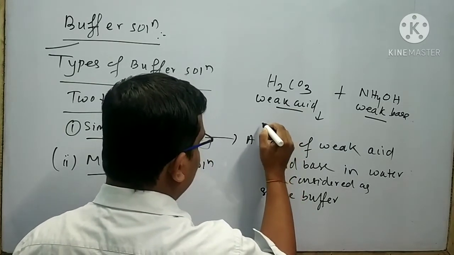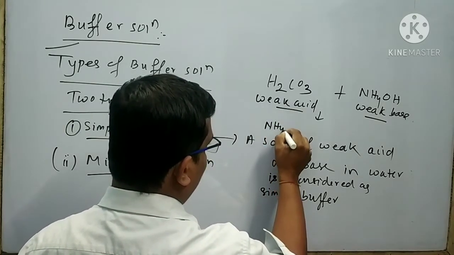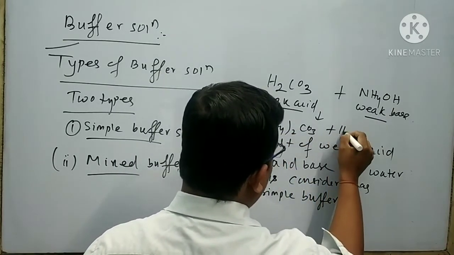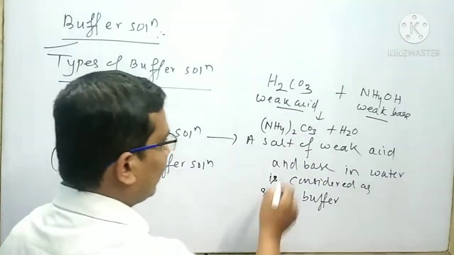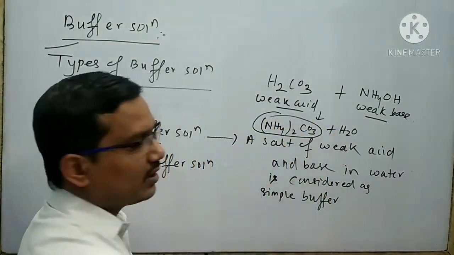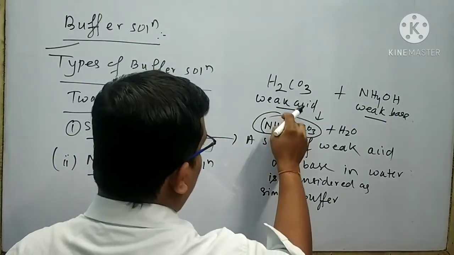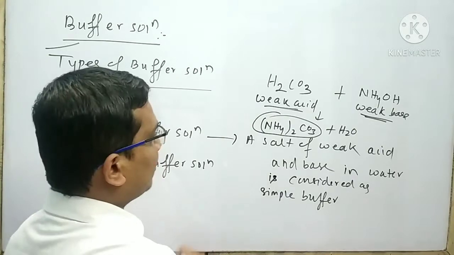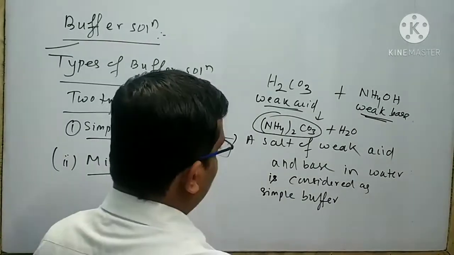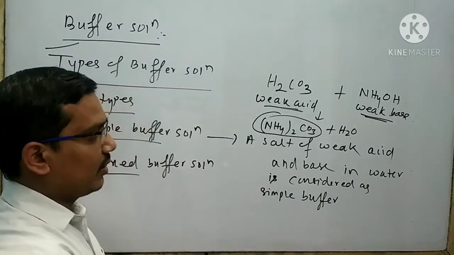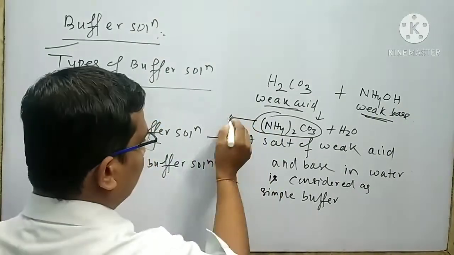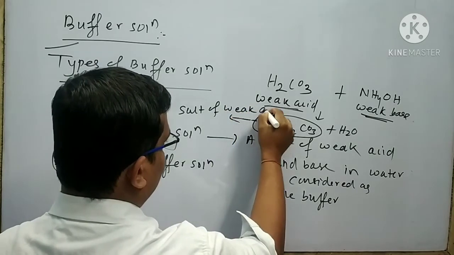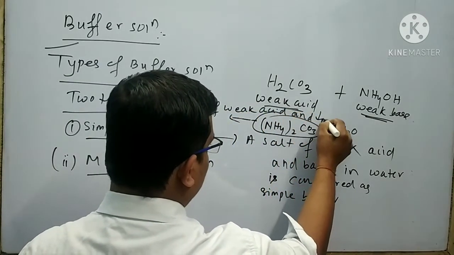That means here I can write the product (NH4)2CO3 plus water. Look at that, this is the salt which is prepared with the help of a weak acid and a weak base. So the name of the salt is ammonium carbonate, and it belongs to the salt of weak acid and weak base.